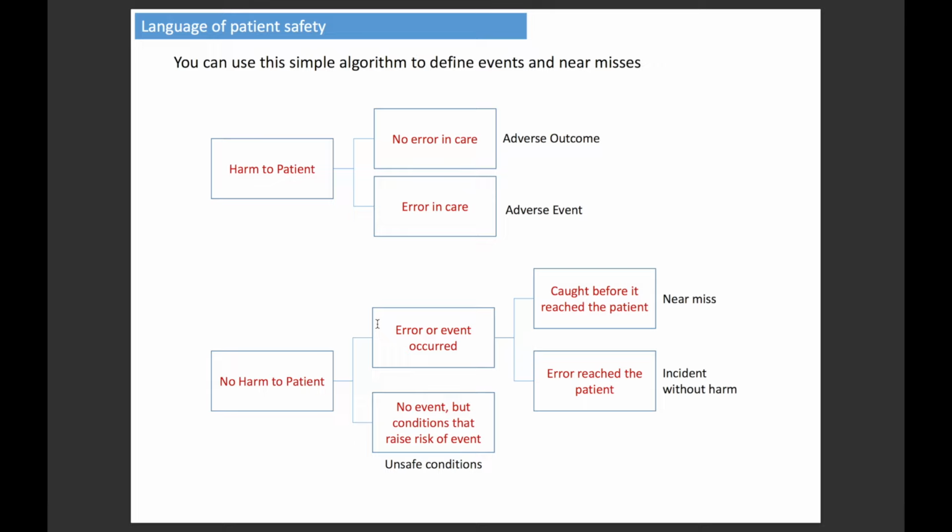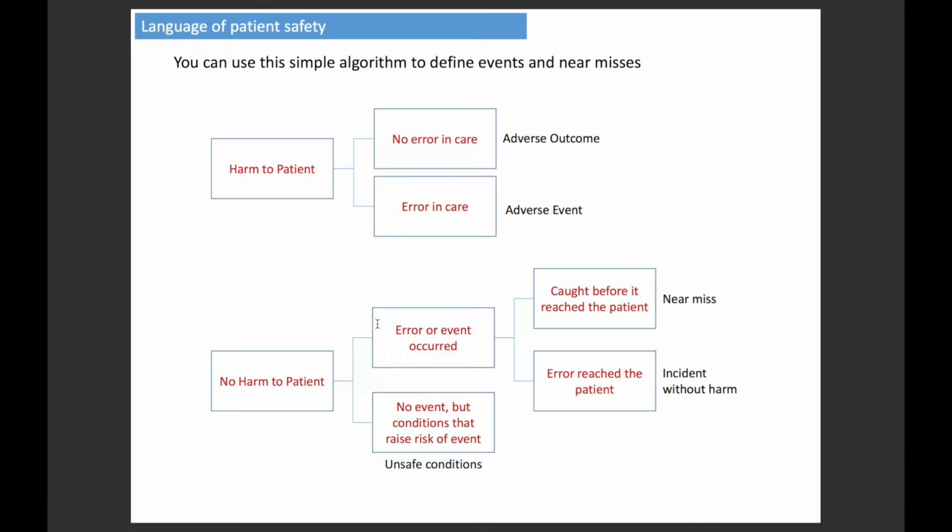If there's harm to the patient, what you want to ask yourself is, was there an error that occurred that caused harm to the patient? So let's say the wrong antibiotic was given and the patient had an allergy to this and they went into anaphylaxis. That would be considered an adverse event, that there was an error in care and harm occurred.